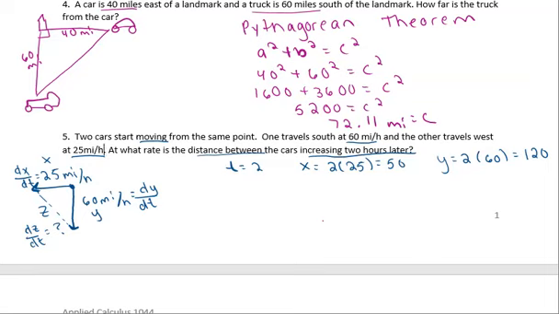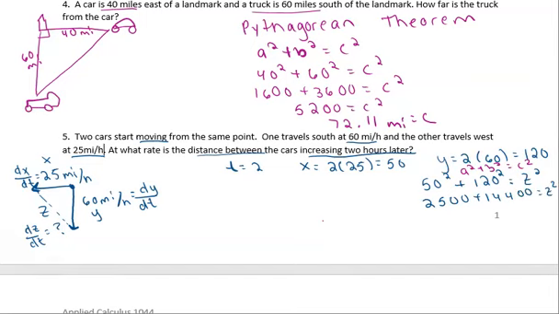Well, we know that x is 50, so 50 squared. We know that y is 120, so 120 squared will equal z squared, because that's our Pythagorean theorem, our a squared plus b squared equals c squared. Let's solve it down. 50 squared is 2,500. 120 squared is 14,400, and then equaling z squared.